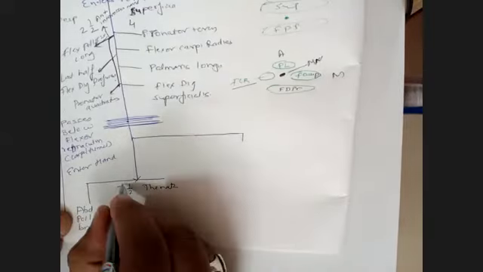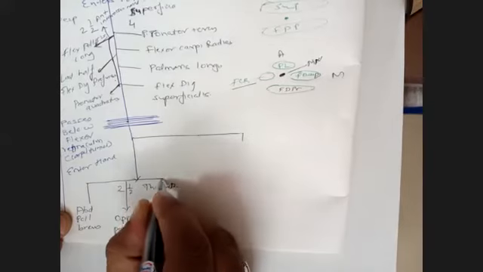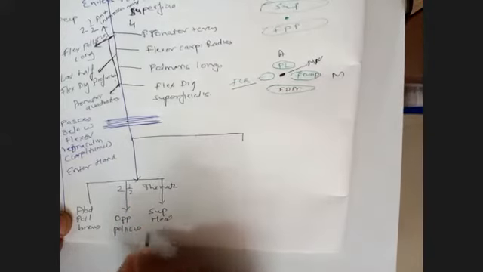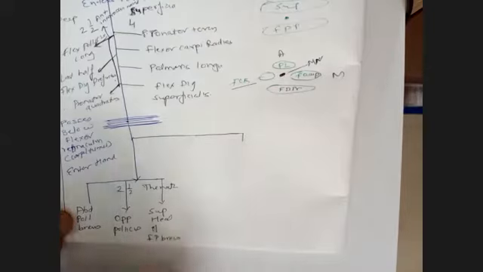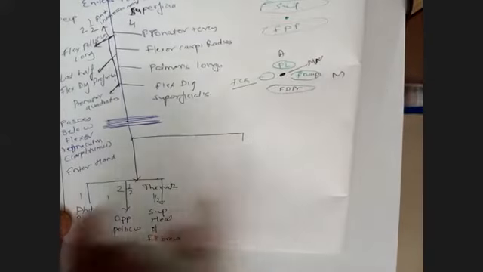It supplies opponens pollicis. And it supplies the superficial head of flexor pollicis brevis. So 1.5, superficial head. So 2.5 muscles.